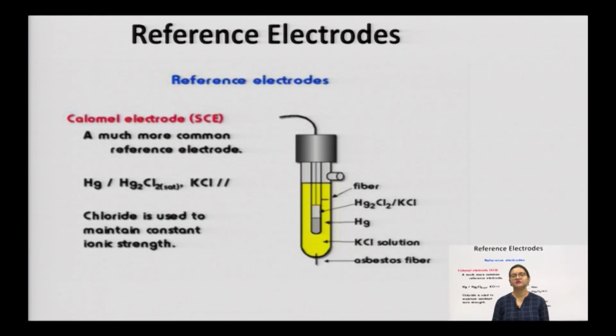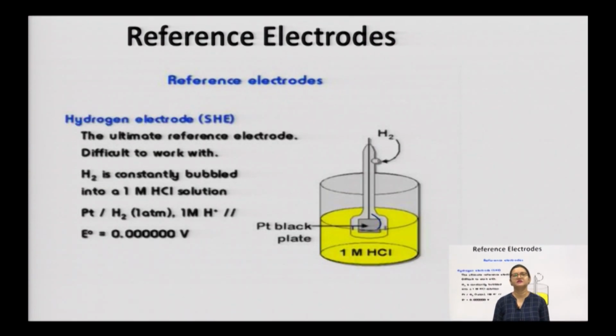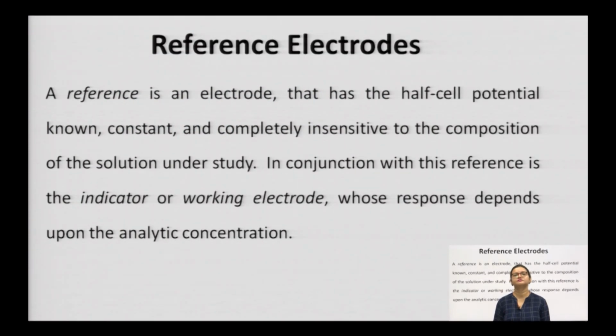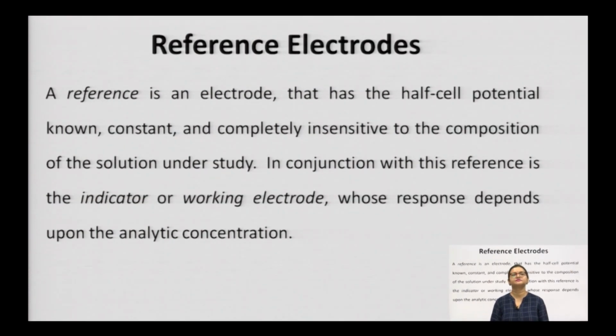So these were the types of reference electrode. We can see them easily in the diagram. These were the ideal characteristics a reference electrode should depict.